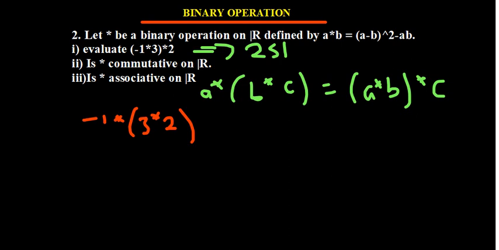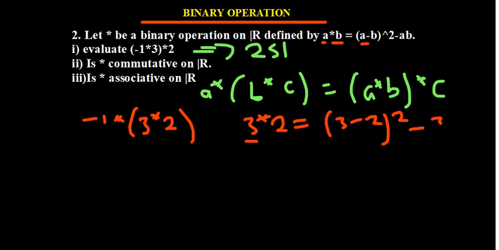Okay. So we'll start with 3 star 2. So remember where there's A, that's where we're going to put 3 because they are corresponding. It's A star B. So you have 3 minus 2 squared minus our A is 3, our B is 2.